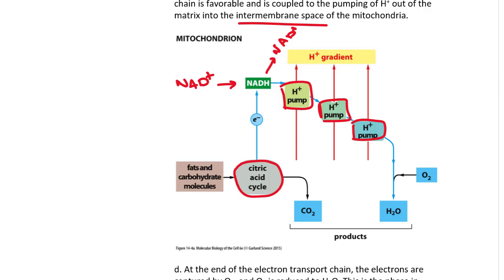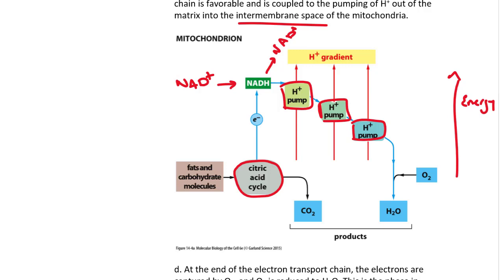And now these electrons move down, or pass from one protein in the electron transport chain to the other, and this is a downhill movement energetically. So this is energy right here, in case it's not super clear. And then that energy, that negative delta G, is used to pump H+ out against its gradient.